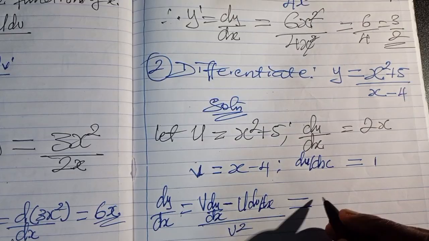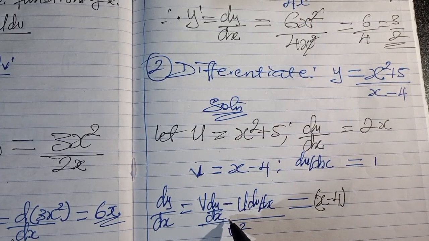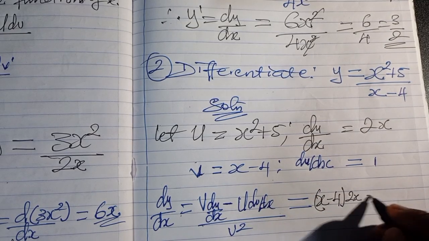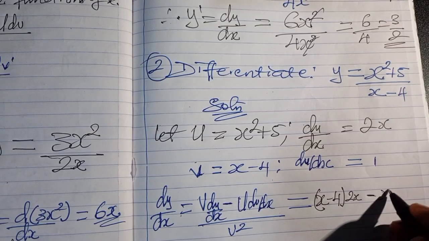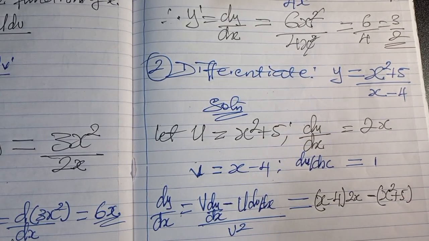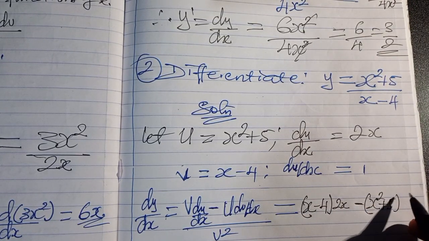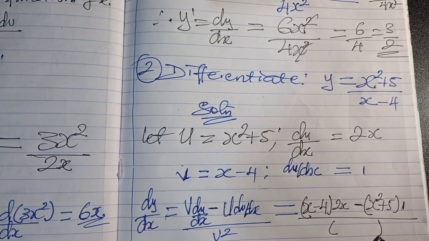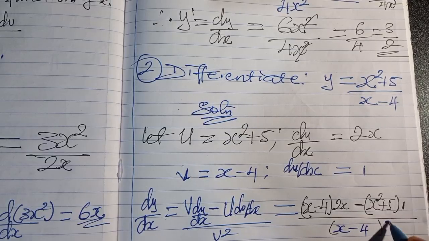So you have x minus 4 times du/dx, which is 2x, then minus our u, which is x raised to power 2 plus 5. Remember, everything is in brackets. Then multiply by dv/dx, which is 1, all divided by the denominator, which is x minus 4 raised to power 2.